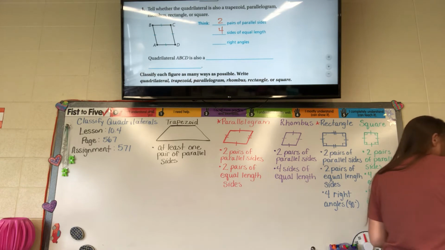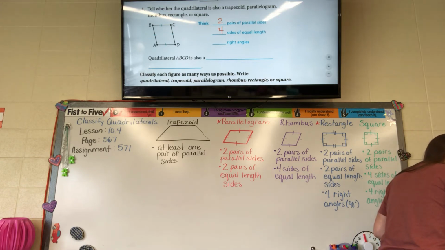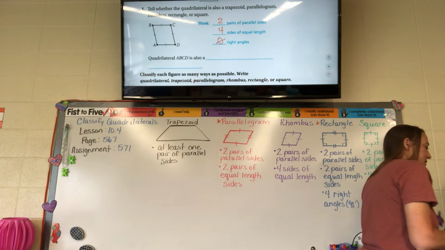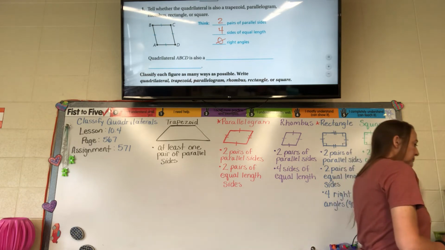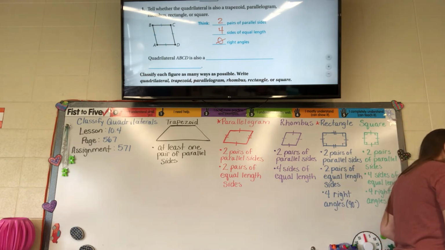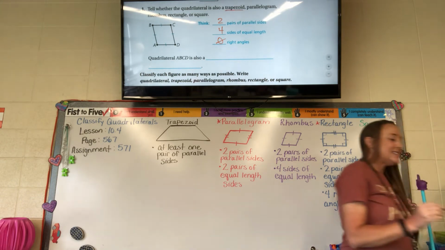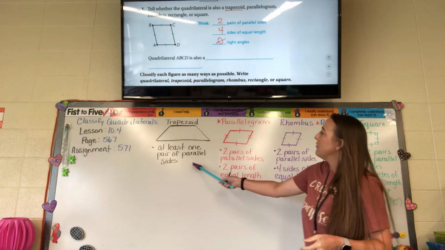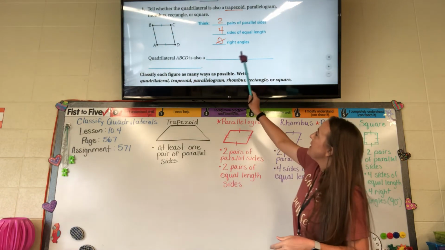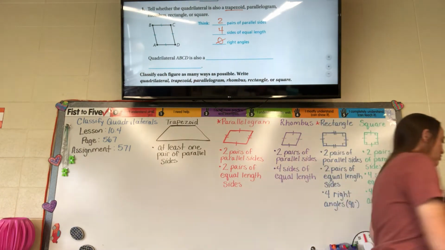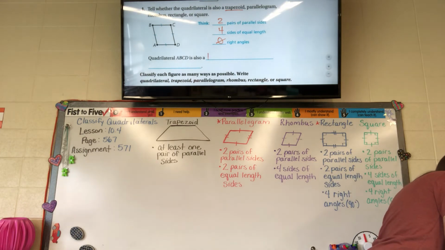And then how many right angles? 0 right angles. Okay, so it wants to know if this quadrilateral is also a trapezoid. Does it have one pair of parallel sides? Yes, it does. So it is a trapezoid. So we're going to write trapezoid here.